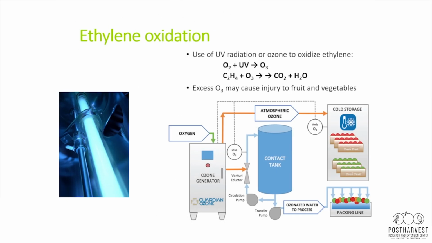Ethylene oxidation. Here, for example, is the use of UV radiation or ozone, and that's how it works. You get ethylene plus ozone, and it's broken down to CO2 and water. However, it happens very often that high amounts of ozone can cause injury to fruits and vegetables, so you end up having a negative effect on the quality of the fruit overall.